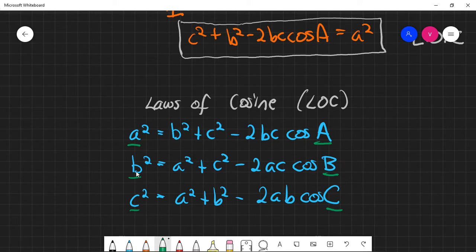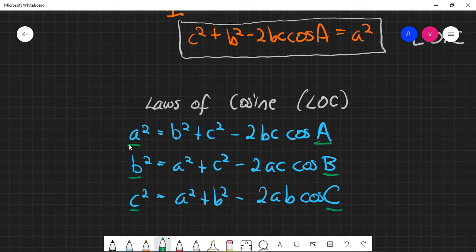The next equation was with side B: b squared equals a squared plus c squared minus 2ac cosine B. And the last one, c squared equals a squared plus b squared minus 2ab cosine C. C and C on opposite sides, B and B on opposite sides, A and A on opposite sides.